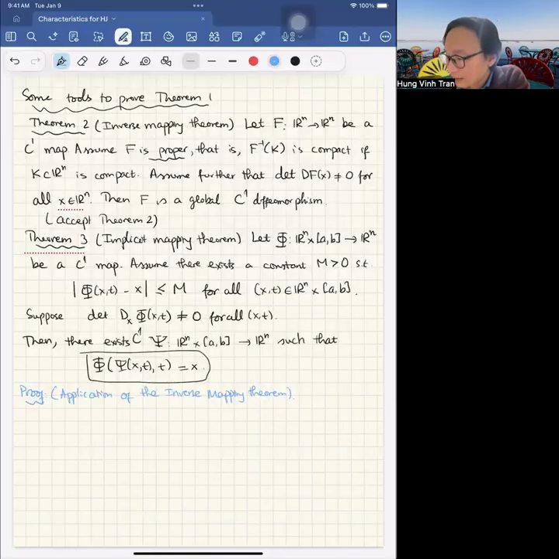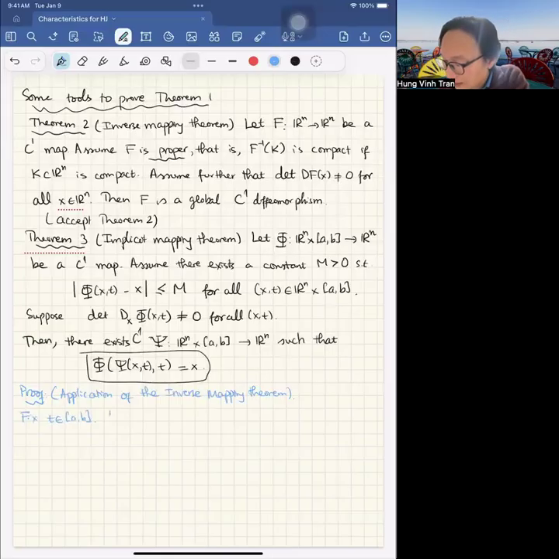I'll skip the proof that it is proper because it's very simple. So let me fix t in AB first, right? Because I'll first fix the time, and then I will define the map for each fixed time. And then I'll come back to show that the map is C1 in both time and space.